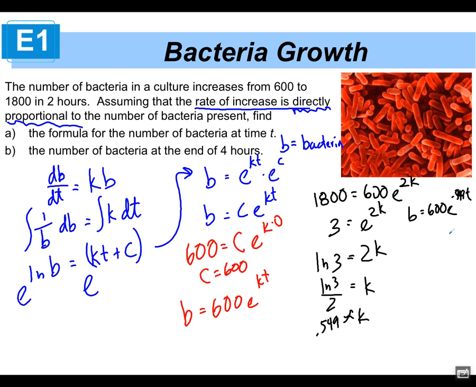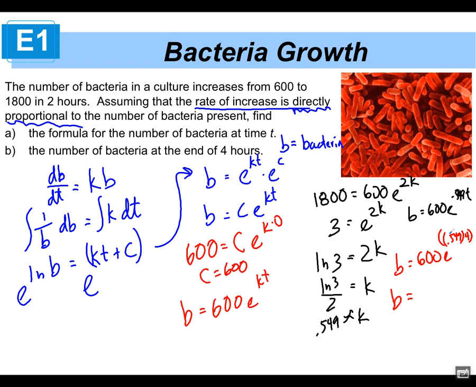So we put in B equals 600 e to the 0.549 times 4. Nice and easy, plug and chug into your calculator. Make sure you use your stored value. So you would do 600 times e raised to the 4x, if you stored it into x. And it turns out that you have how much bacteria? 5,400.